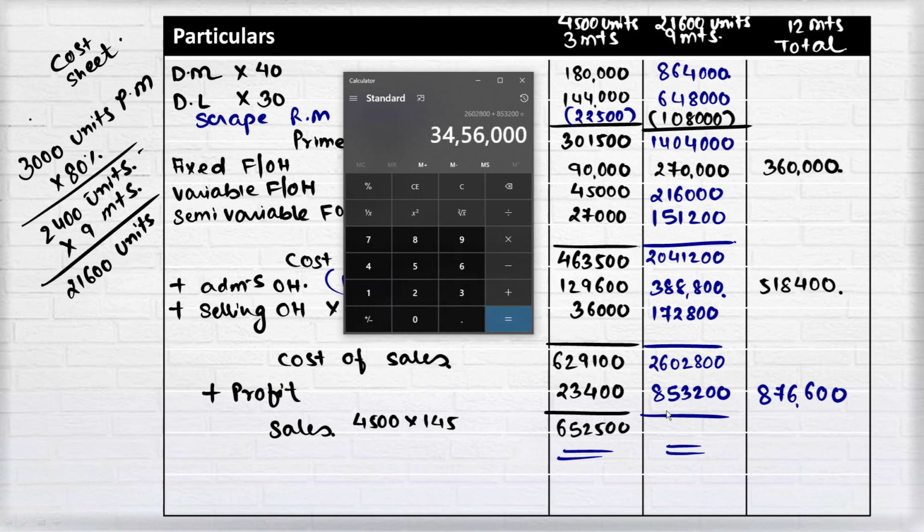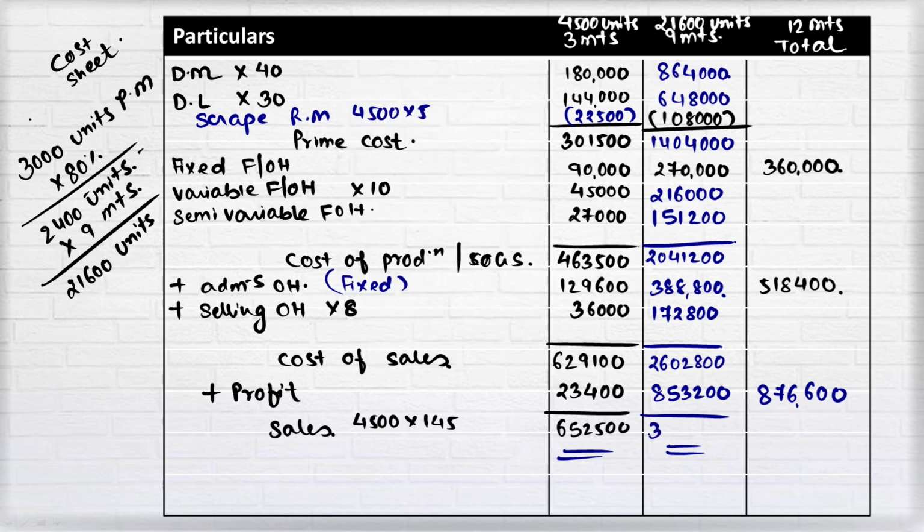So your sales should be 34 lakh 56,000. If your sales will be 34 lakh 56,000 and you are selling 21,600 units, what should be the selling price per unit? 34 lakh 56,000 divided by 21,600, and that will be for 9 months.